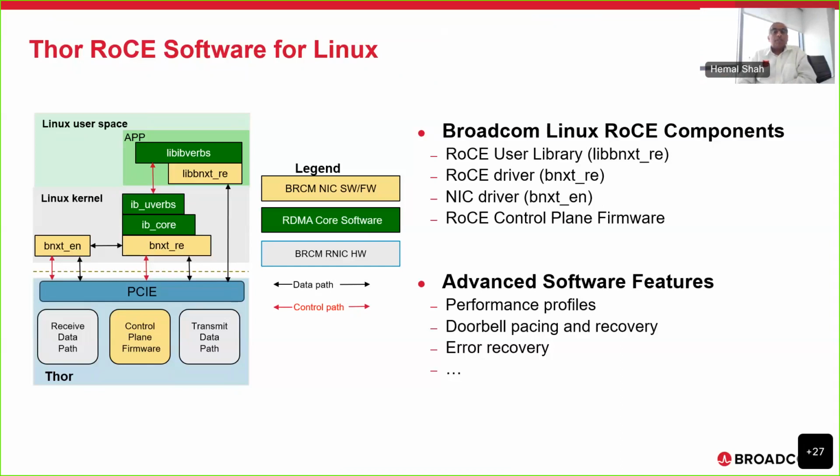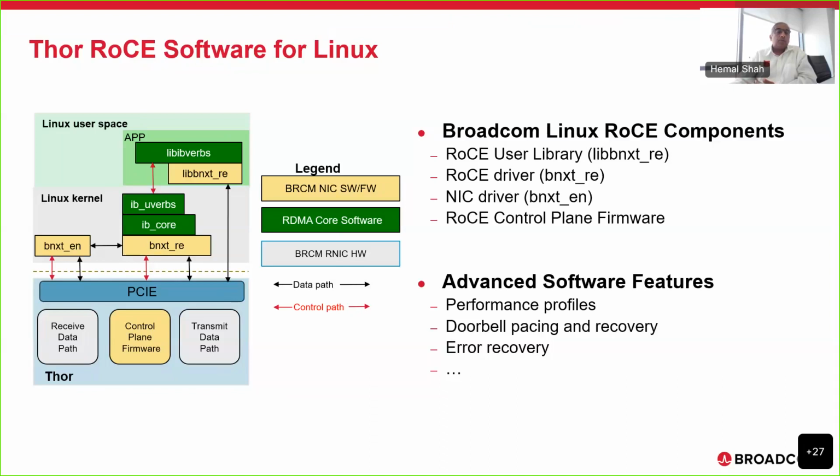The way these features are designed in software, they have minimal impact on your data path when there is no doorbell congestion. So there is a lot of software design and architecture work that goes into how those features are implemented. And those are purely software features, and that's why I want to highlight.